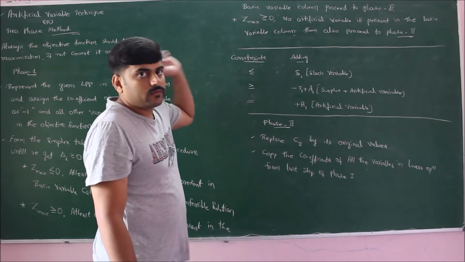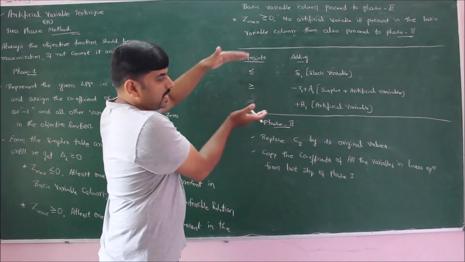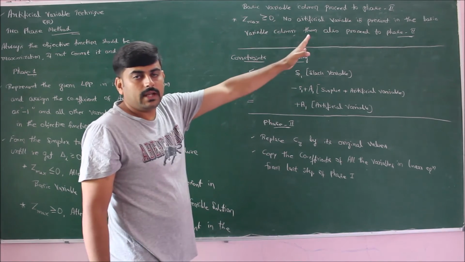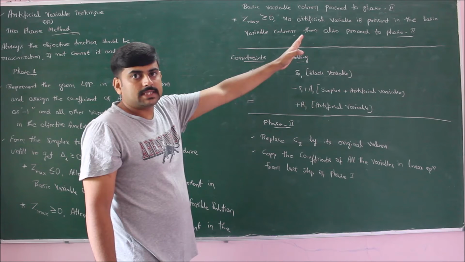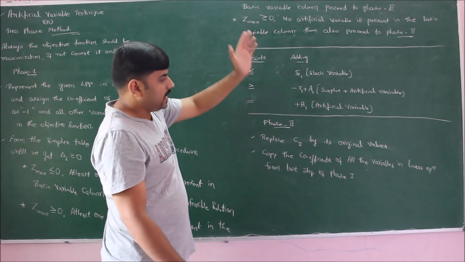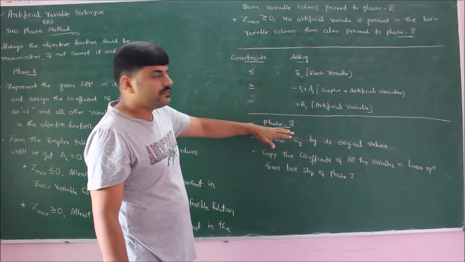From the last step of phase 1, you should copy down the matrix from x1 till a1 or a2, that is the end of the artificial variables, and enter it into the new matrix of phase 2.